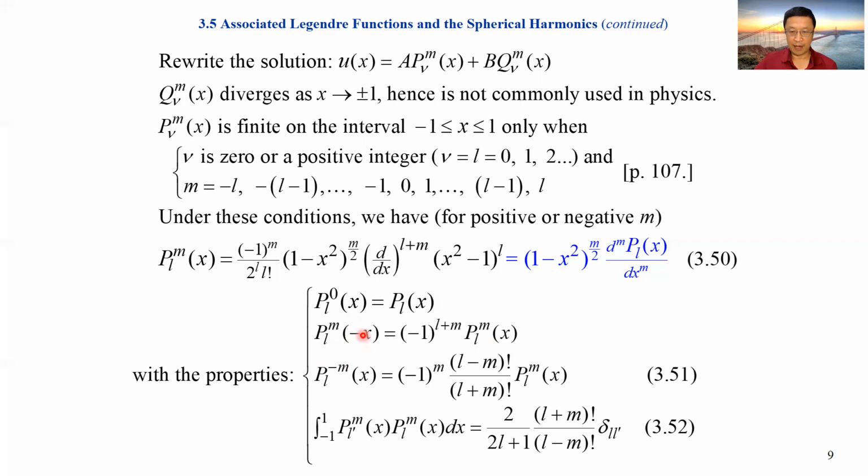P_L^m equals (-1)^m ... P_L^{-m} is (-1)^m factorial ... P_L^m, and once again, if L prime equals L, that will become delta_{L'L}.